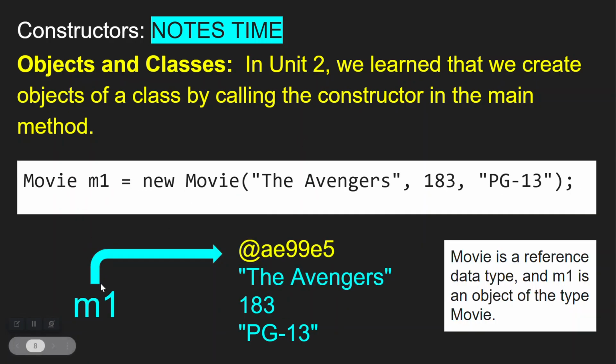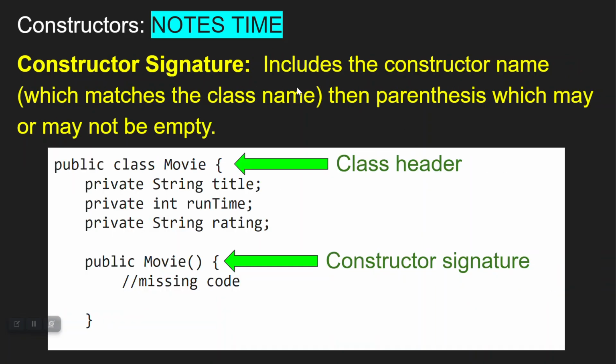So now m1 is a reference data type, and it is pointing to an area in Java memory where all of the object data is being stored. The Avengers, 183, PG-13 is being stored in this memory address over here. And m1 is the variable name that points us to that specific spot in memory.